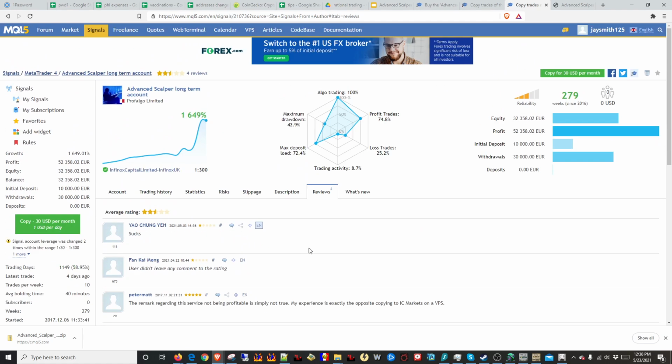One thing I would say is if you are going to use this strategy, it would be, in my opinion, a terrible idea to buy it as a signal. You're probably not going to get very good execution. The EA is running on the author's VPS somewhere, and the trades are executed on his broker from that VPS.